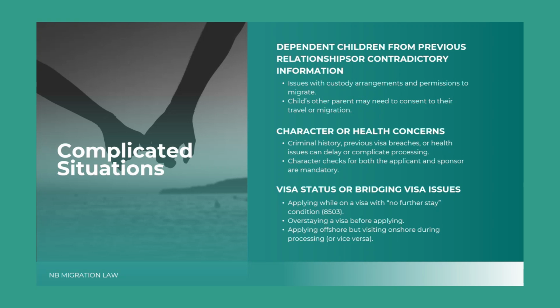If the applicant has substantial offenses or character concerns, the application might be refused. It's because this will lead to the applicant's permanent residency and later on being eligible to apply for Australian citizenship.